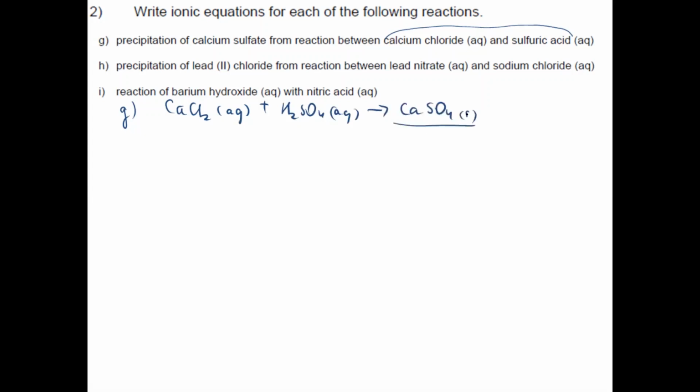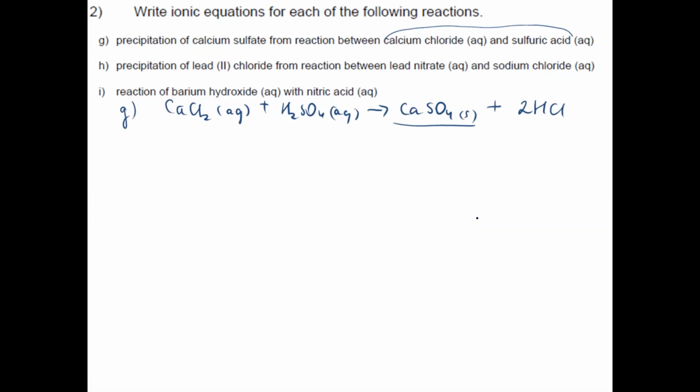That's going to stay unchanged, plus whatever else. Let's see. So we have calcium chloride and H2SO4. We used up Ca and SO4. We are left with H2 and Cl2. So that's going to give us 2HCl in there.